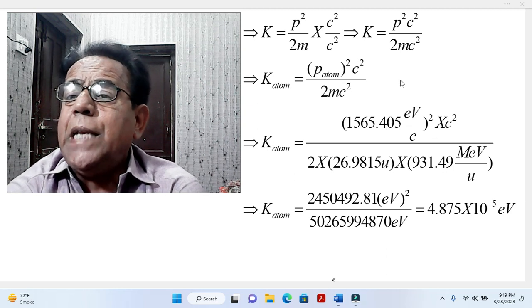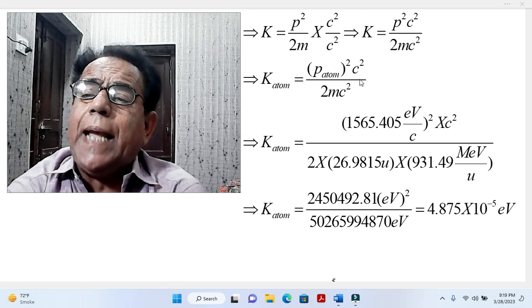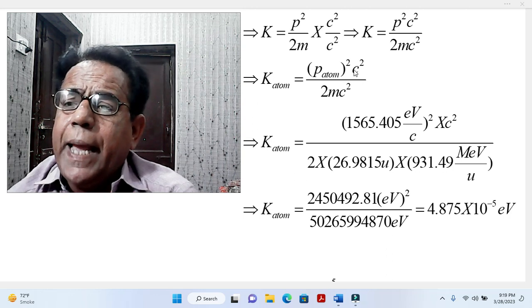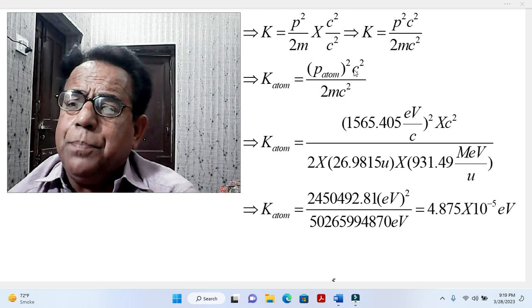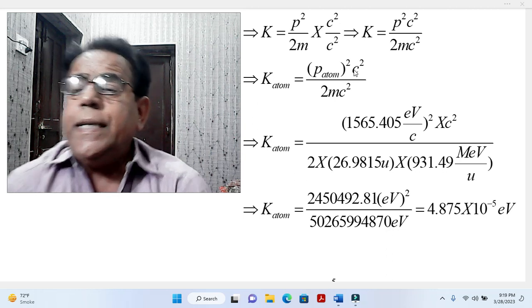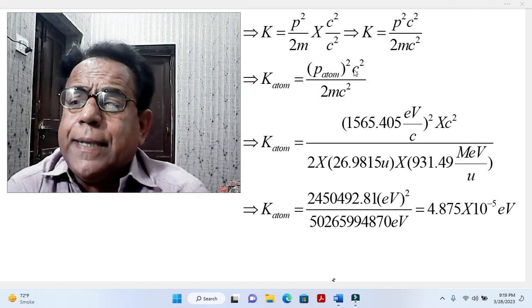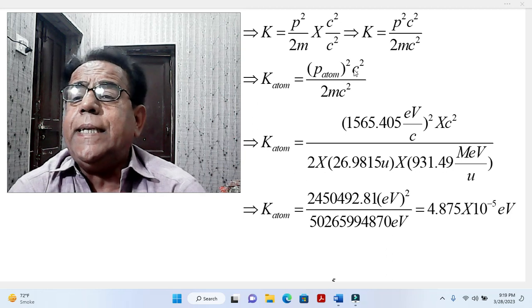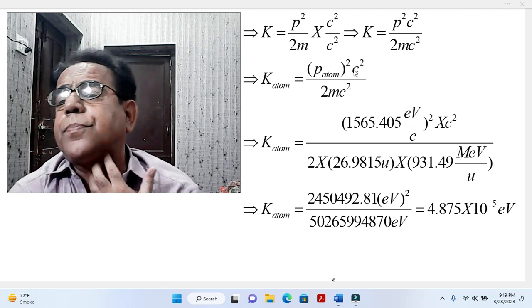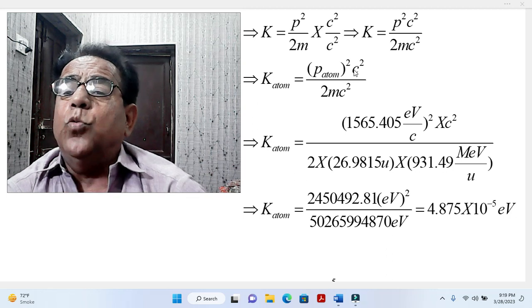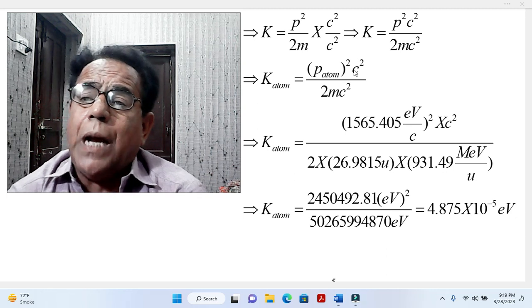We have not done anything with c square in the numerator, it is quite as it was, but in the denominator we have taken its value from the helping tool.